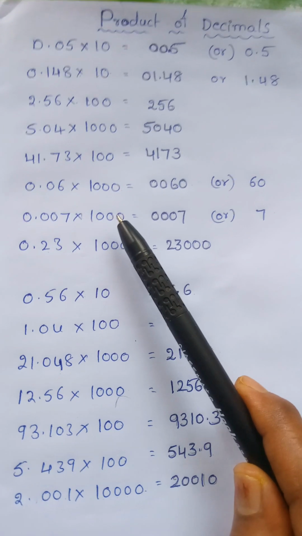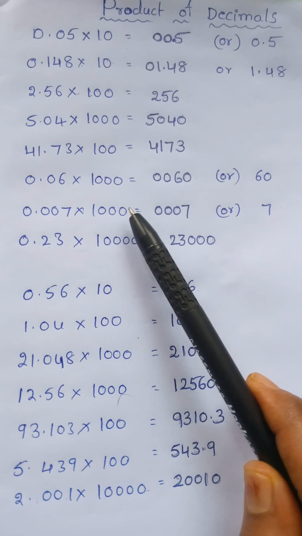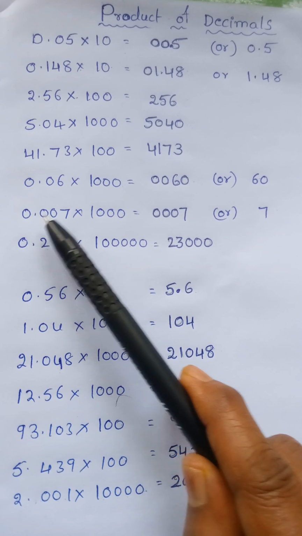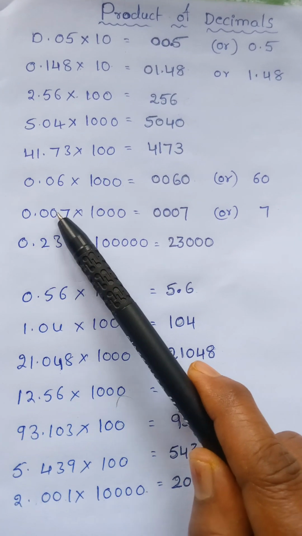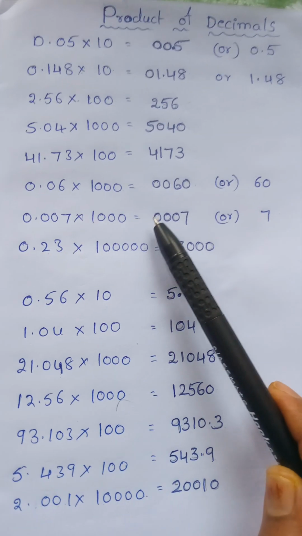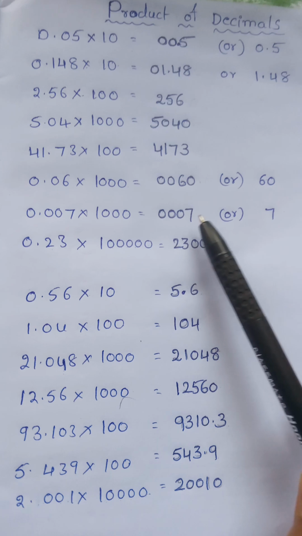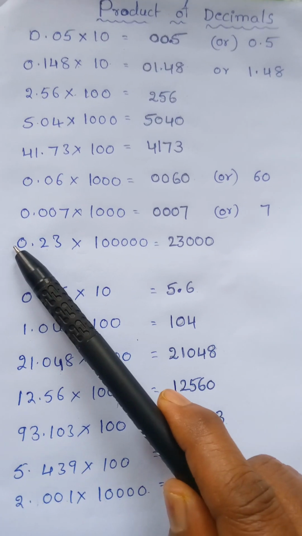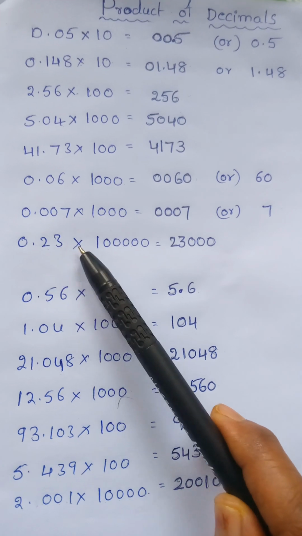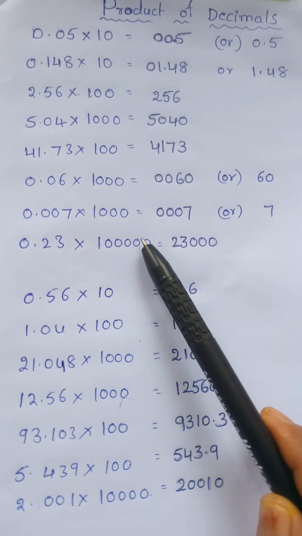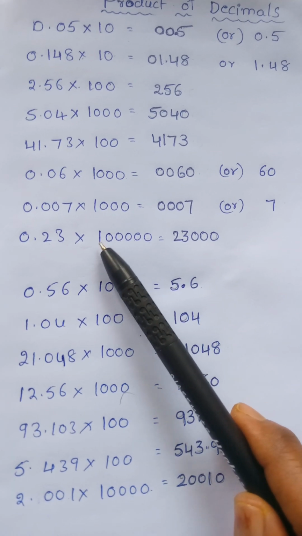0.007 into 1000. Here also 3 zeros are there. From left to right, 1, 2, 3, the point will come here. Then 0.007 becomes 7. Again, next one is 0.23 into 1 lakh.